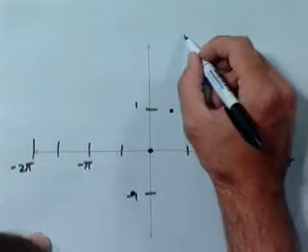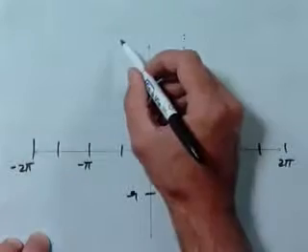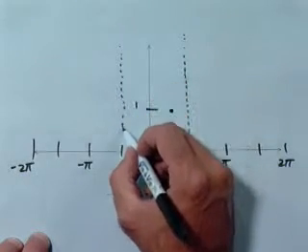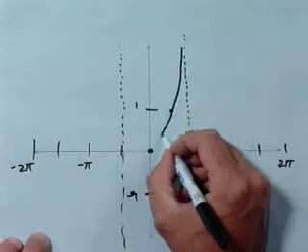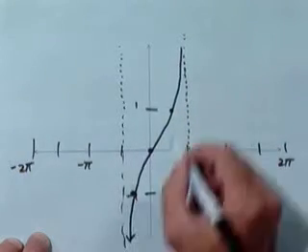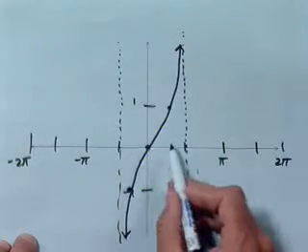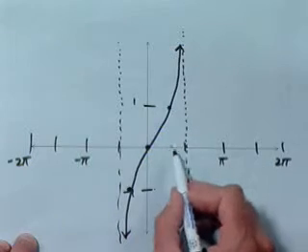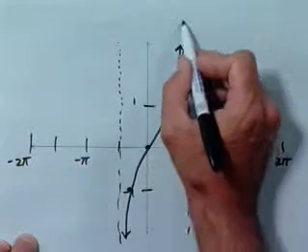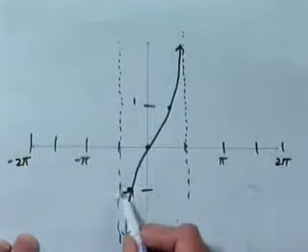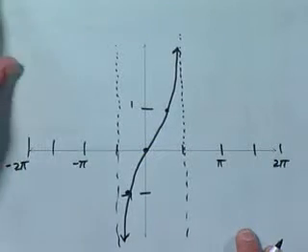So what we actually have here, I'm going to put a little dotted line here. That's called an asymptote. And that's what we get. Tangent of 0 is 0. Tangent of pi fourths is 1. As we get closer and closer to pi halves, this curve gets closer and closer to this asymptote, and the same thing over here.